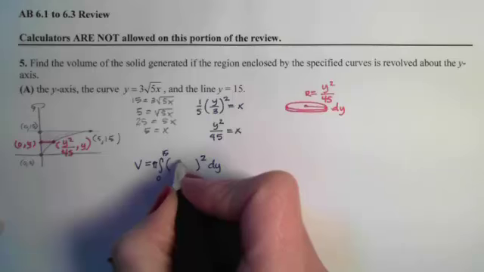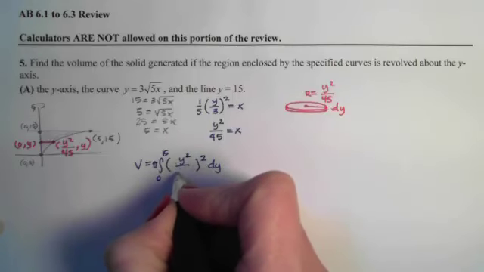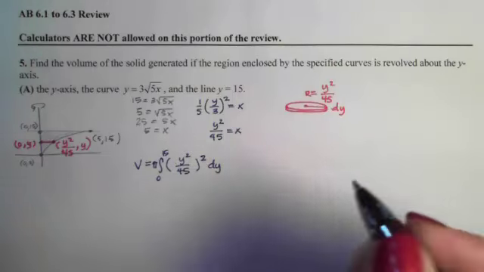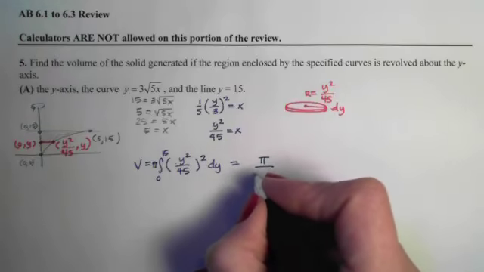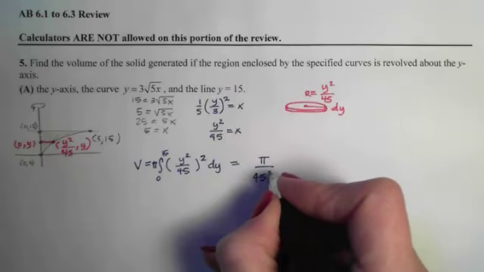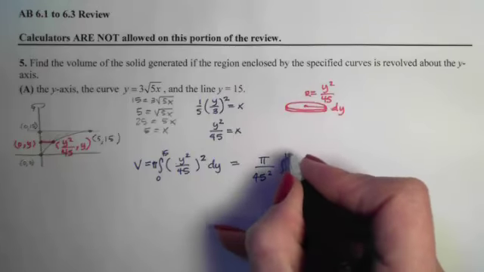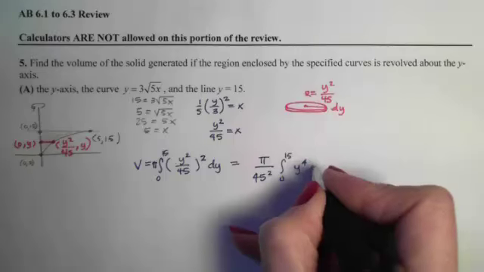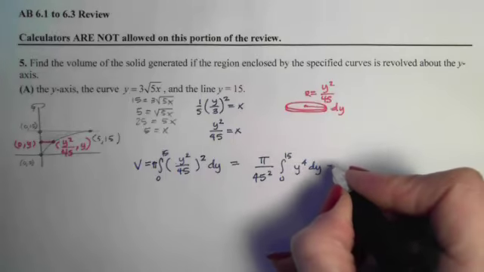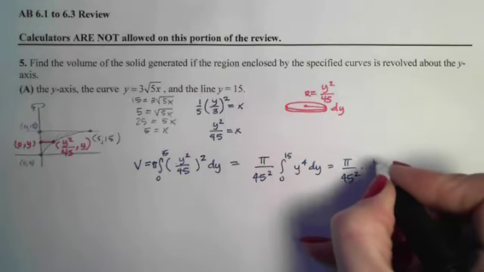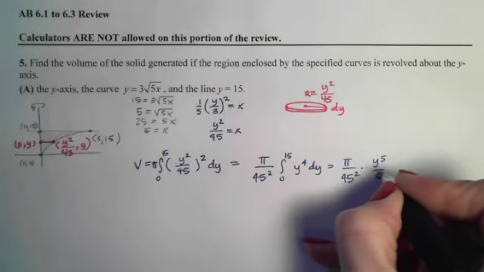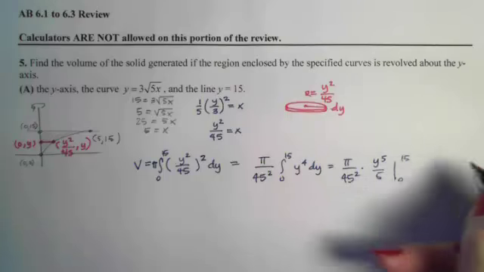Since I don't have a small radius, I'll just have this. The constants I can pull out in front are a pi and a 45 squared, and inside I'm going to have y to the 4th. So the antiderivative gives me pi over 45 squared times y to the 5th over 5, evaluated from 0 to 15.